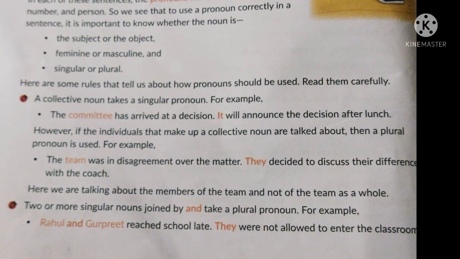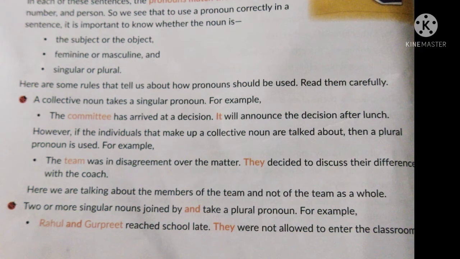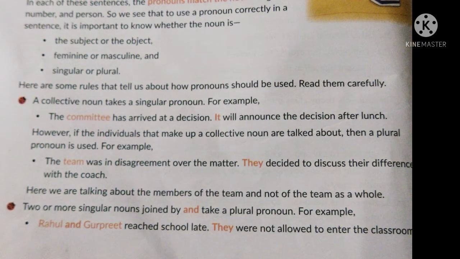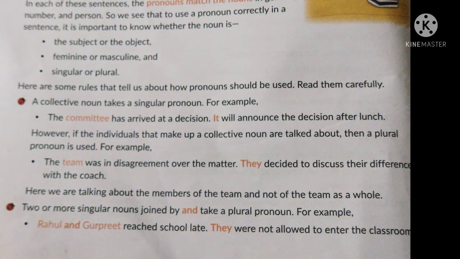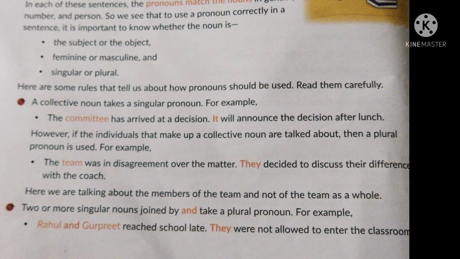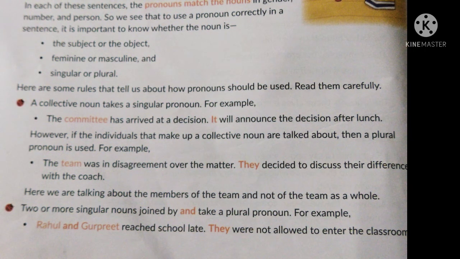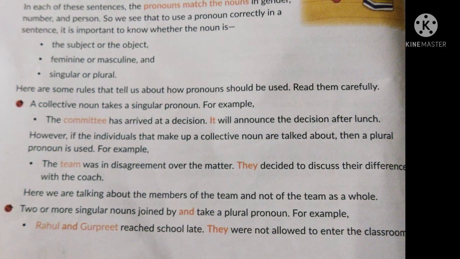Another rule is as follows: two or more singular nouns joined by the conjunction and take a plural pronoun to complete the sentence. For example, Rahul and Gurpreet. You can notice Rahul and Gurpreet are two singular nouns. They are the names of two different persons. The sentence goes, Rahul and Gurpreet reached school late.